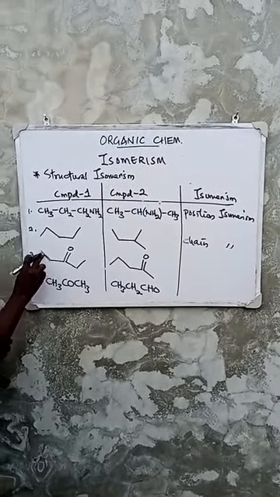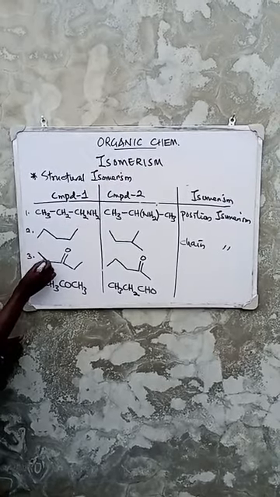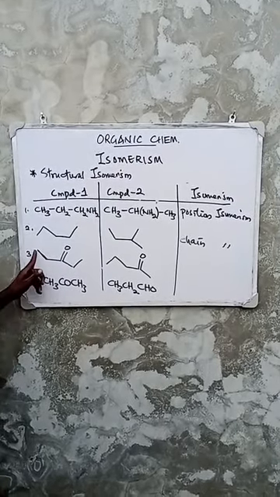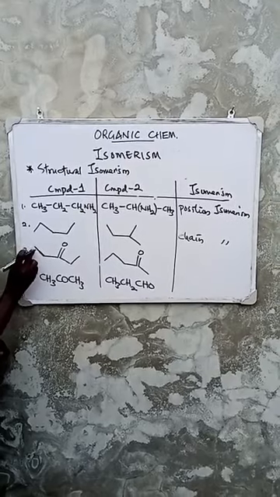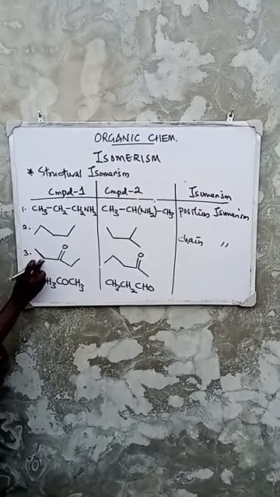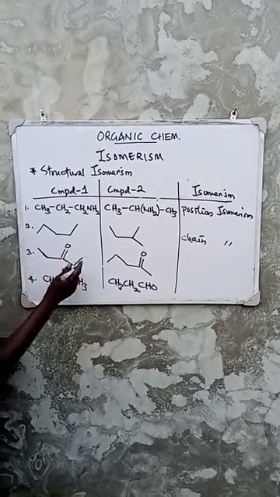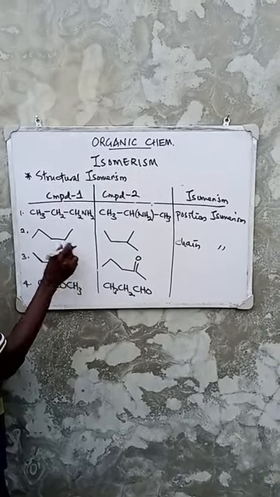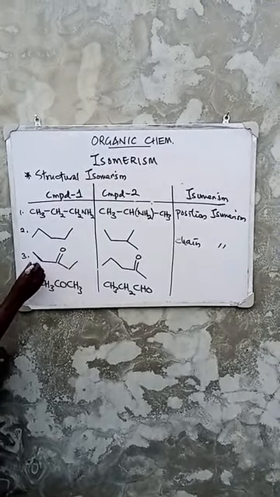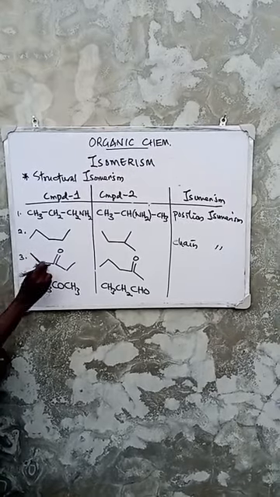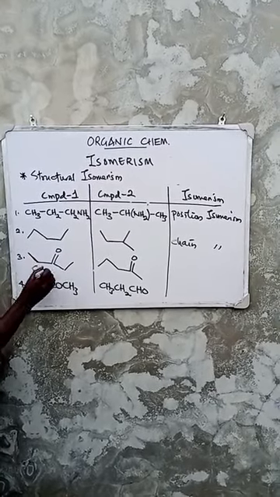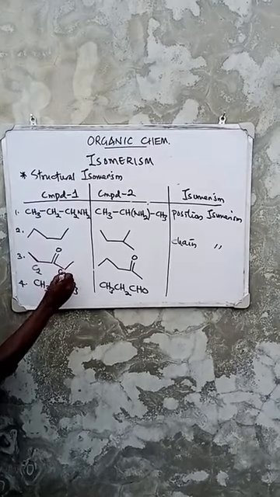In the third one, we can notice that the first one has first carbon here, second carbon here before the ketone group, and here first carbon, second carbon after the ketone group. We can say the alkyl group here is ethyl, while the alkyl group here is also ethyl.